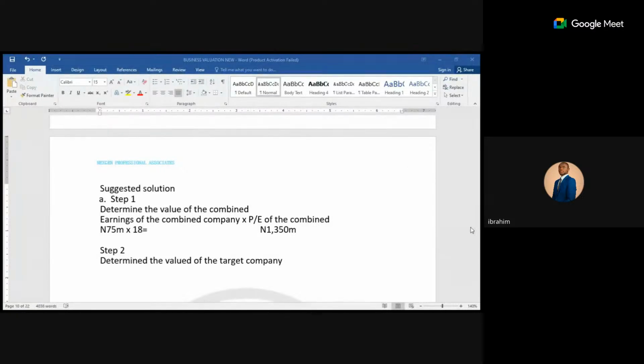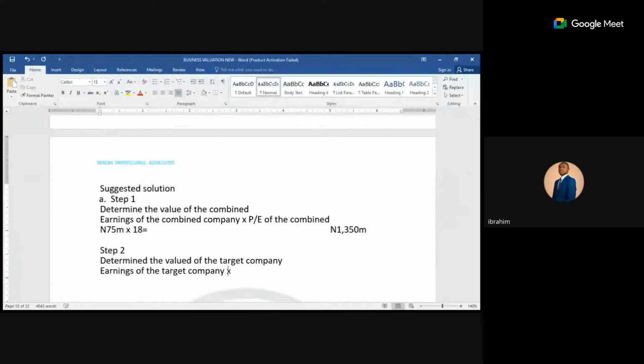Class, so what will be the value of the target company? Just like the way we did for the combined, you still have the earnings of the target company.